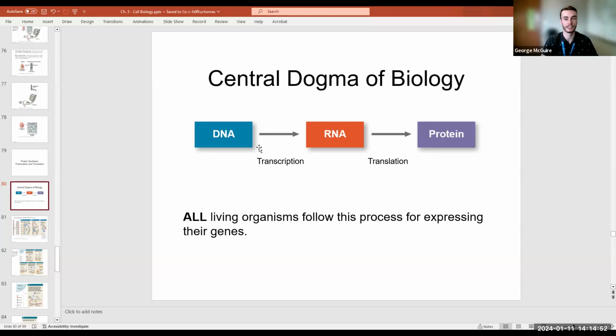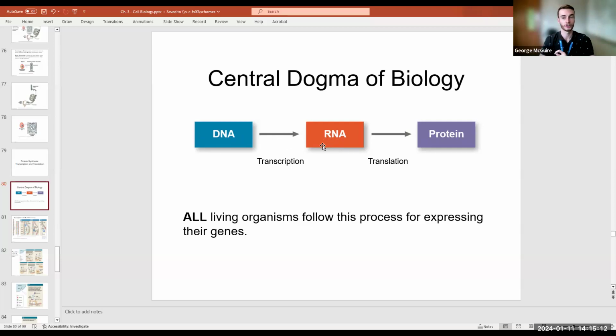Transcription is taking a segment of DNA, a gene, and making a copy of it, a transcript, out of mRNA, messenger RNA. That messenger RNA can leave the nucleus so that our DNA never has to. DNA stays in the nucleus and stays protected.